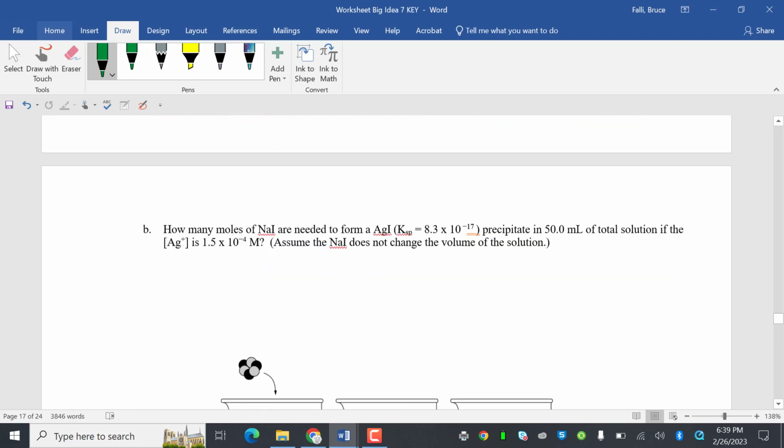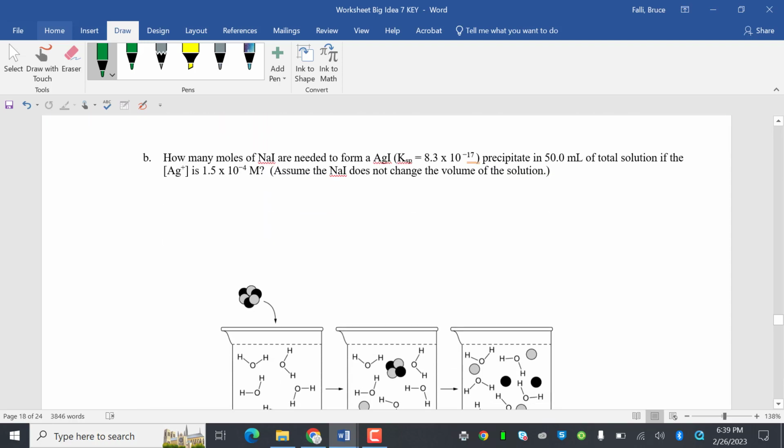Okay, so how many moles of NaI are needed to form AgI precipitate out of the total? Same deal. We're not changing the volume, so we don't have to worry about dilutions. And I'm going to write the K expression for AgI.